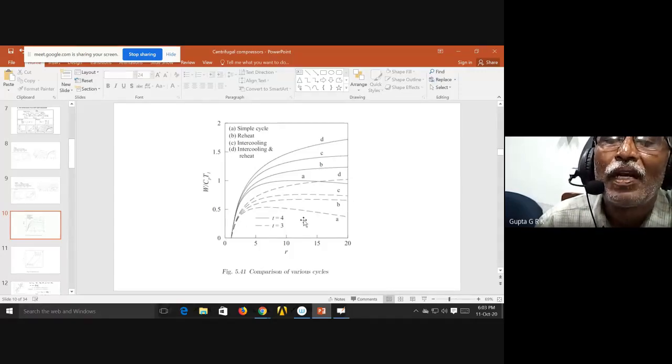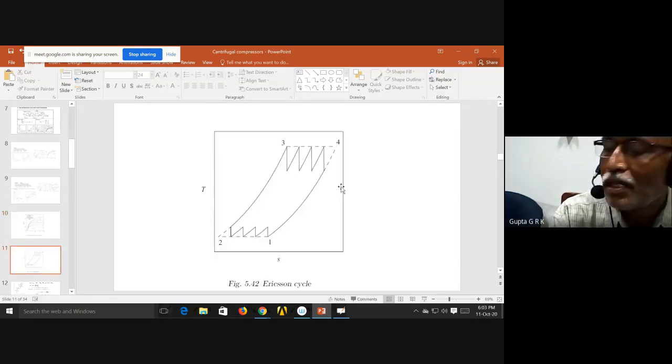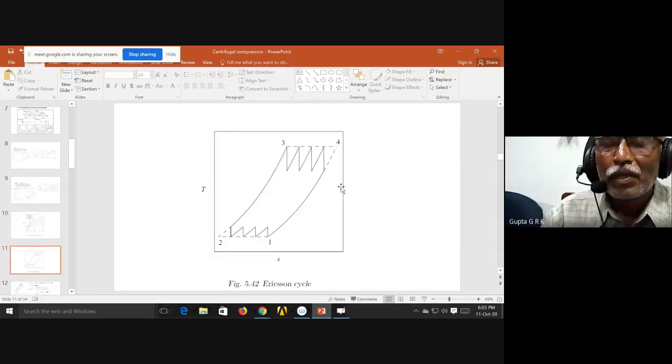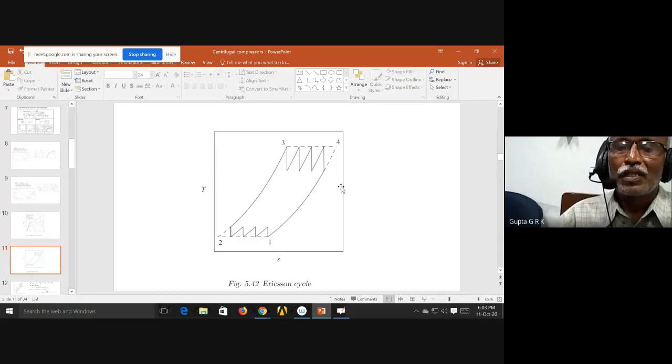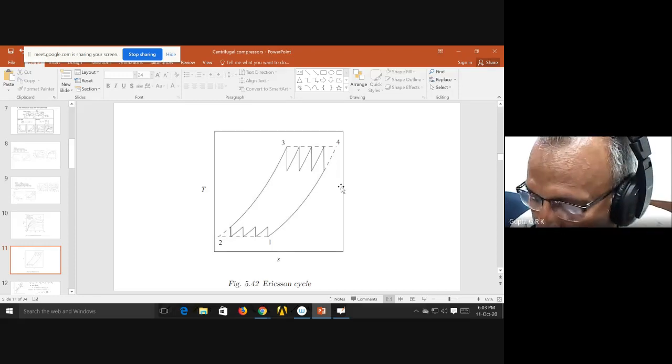Similarly the intercooling cycle, and intercooling and reheating, you can understand this figure. If you have a number of compressors with intercoolers and a number of turbines with reheaters, this is the ideal cycle with an infinite number of intercoolers and reheaters. And this happens in this way.